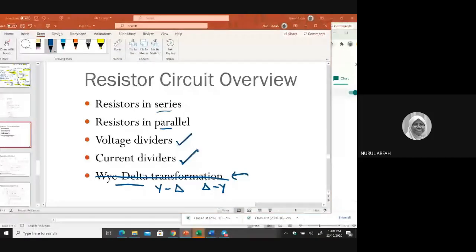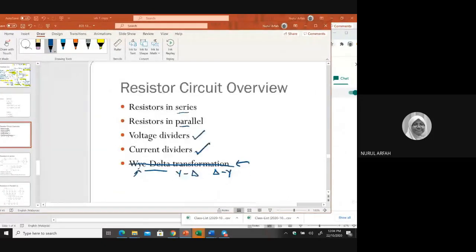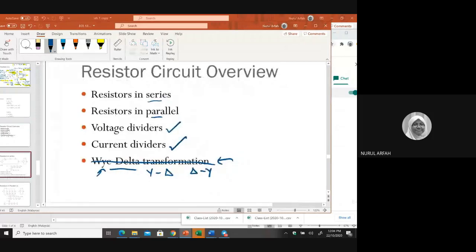So in one of the lab experiments, you need to use Y delta. It's okay, you can ask them to teach you the theory because you skipped it. All right, now maybe we go through resistors in series first.